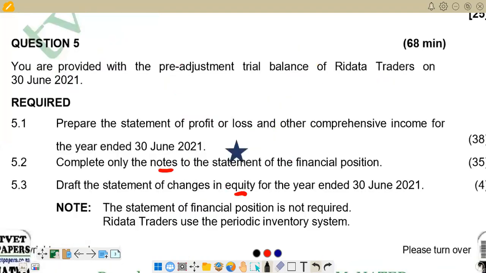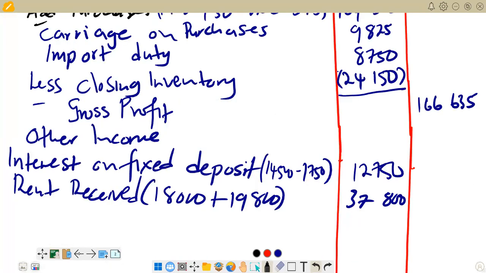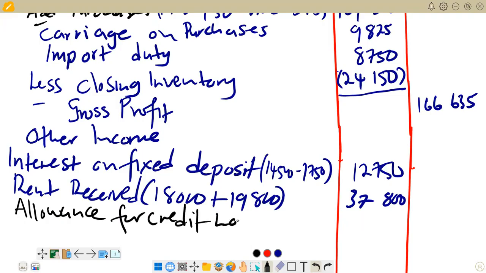So we come back here. Remember, we have got allowance for credit losses. Allowance for credit losses, and the figure that we have.